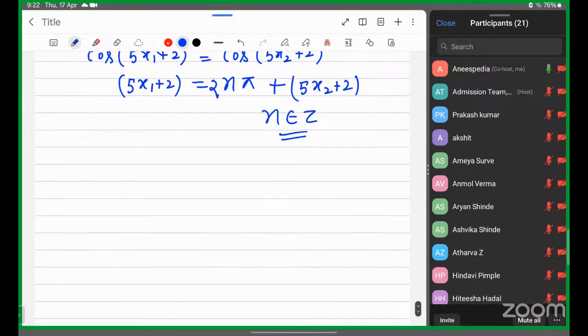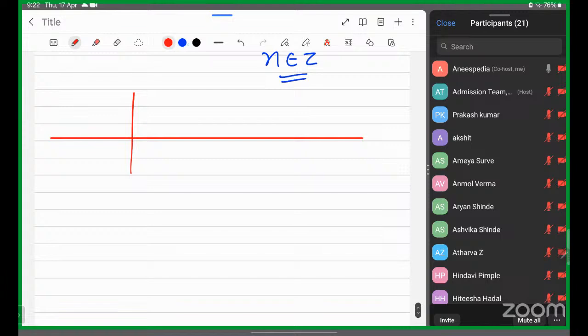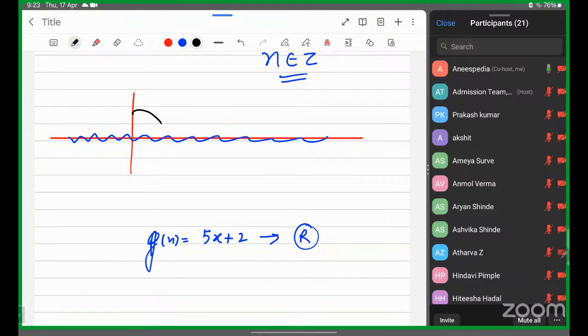Again, you can also state that if you will look at, let me call it as g of x, this will be 5x plus 2. And 5x plus 2 will give all possible real values at output, which means input of the cos function is entire x-axis. And now if you will plot the graph for cos, it will go like this, which implies that the cos will attain different values for different angles.